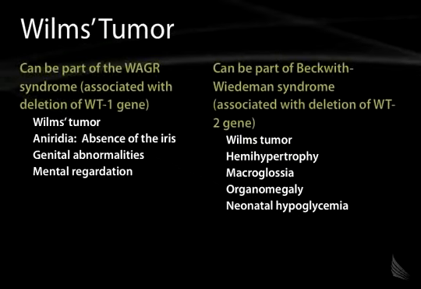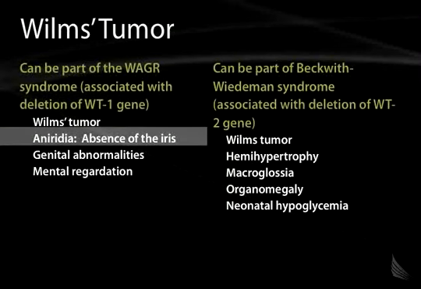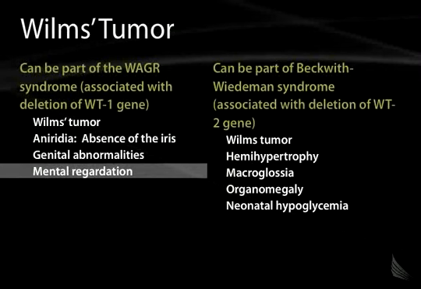Now, when one of these two genes is deleted, you often see Wilms tumor in association with other clinical features. When you have deletion of the WT1 gene, you get what's called the WAGR syndrome, which is Wilms tumor, aniridia, which is congenital absence of the iris in the eye, genital abnormalities, and mental retardation.